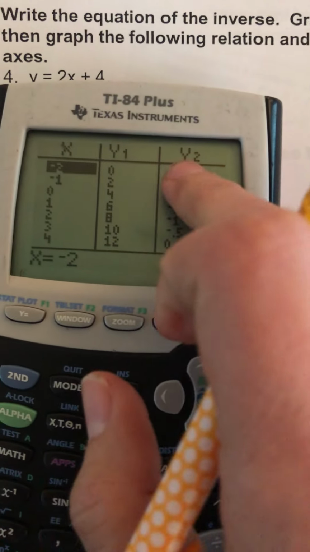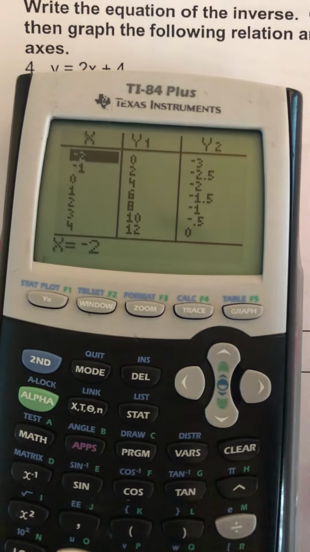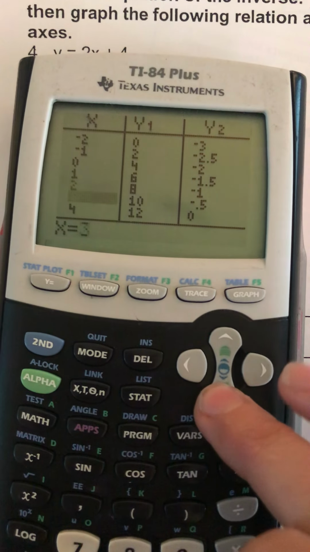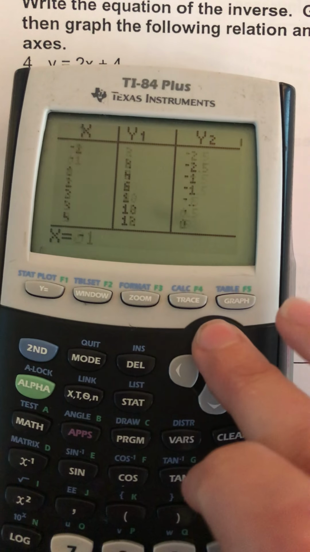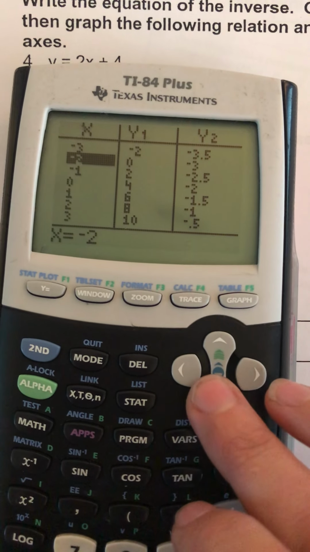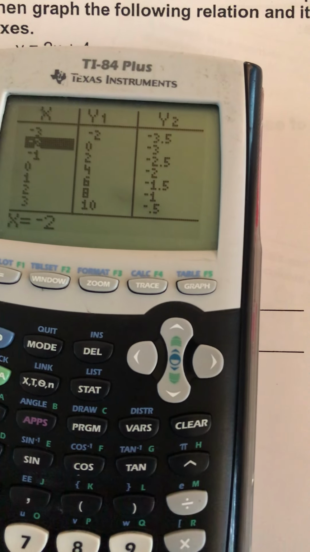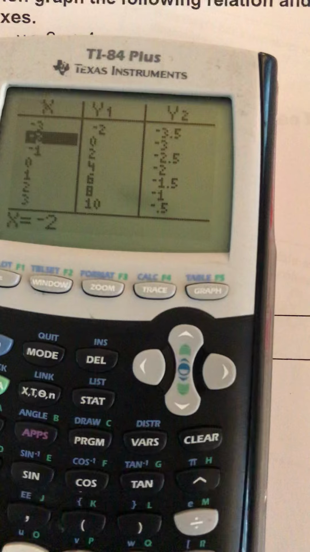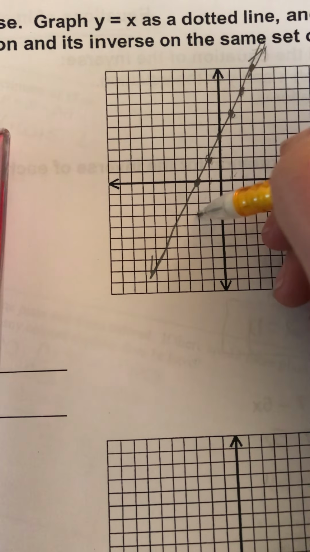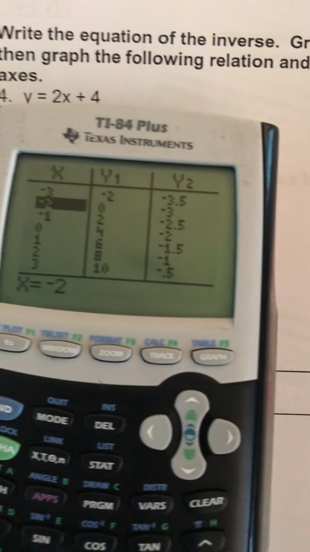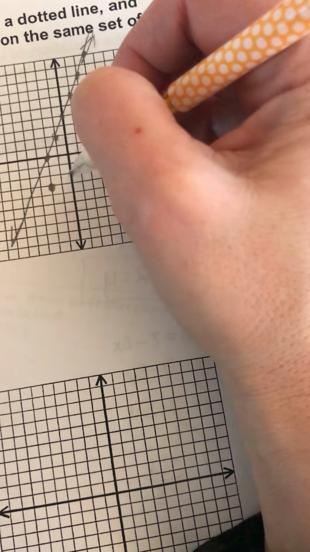Now I'm going to plot my y2. So at negative 2, I get negative 3. So I'm going to go back down here where it's closer to 0. So my x is negative 2, negative 3. Then 0, negative 2.